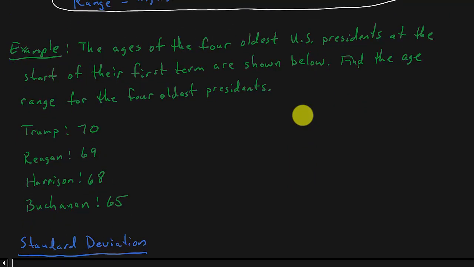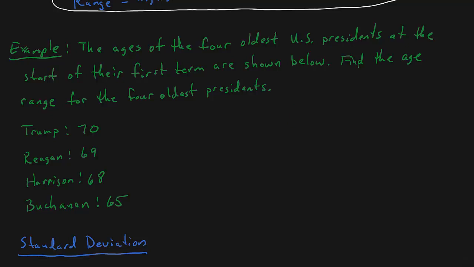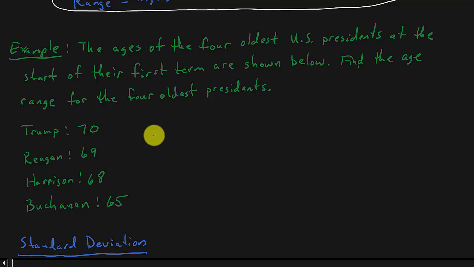It says the ages of the 4 oldest presidents at the start of their first term are shown below. Find the age range for the 4 oldest presidents. All right, so the range, well, remember that's the highest data value, which if we look through this list, that's 70, minus the lowest data value, which is 65.